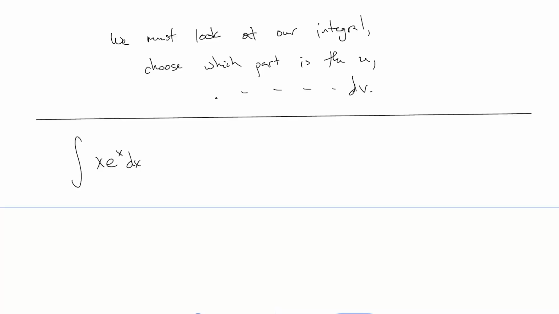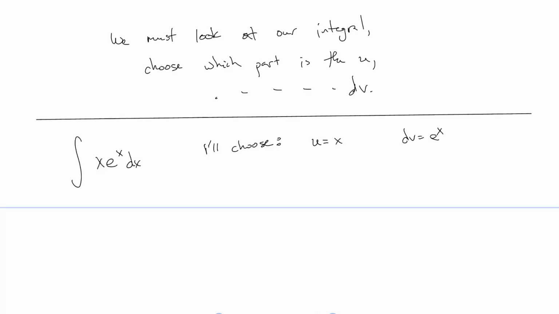Instead, I'm going to do parts, and just like the u substitution, you have to do a bunch of examples to get a feel for what you usually want to pick for the u. There are similar guidelines for parts, but for now, I'll just tell you what to choose. I'm going to choose u to be x and dv to be e to the x.